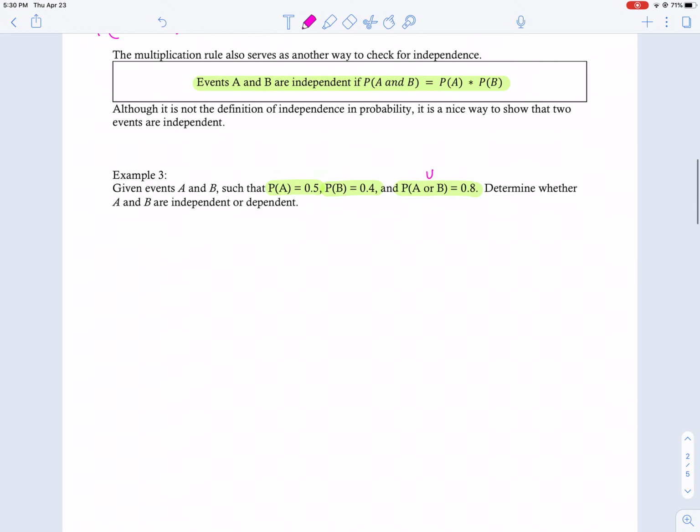We need the and. Look up here. So to test whether they're independent, we need this. In order to get that, we can use our OR formula. It's a couple of days ago, so remember that your probability of A or B, you'll remember this when I write it, is the probability of A plus the probability of B minus the probability of the overlap, A and B. Okay, do you remember that?